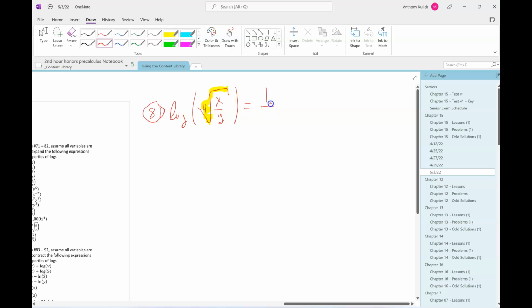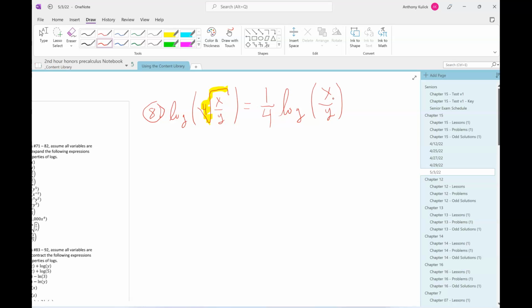So I remember that a 4th root is the same as a 1/4 power. So I can do that. So far, so good. Then what do you want to do? Well, are there any product properties that you see? Quotient, yeah.